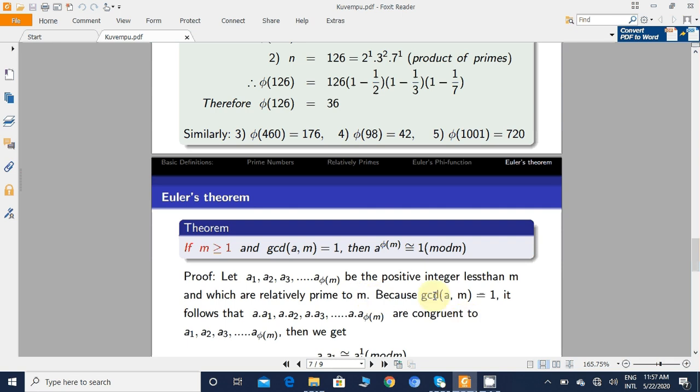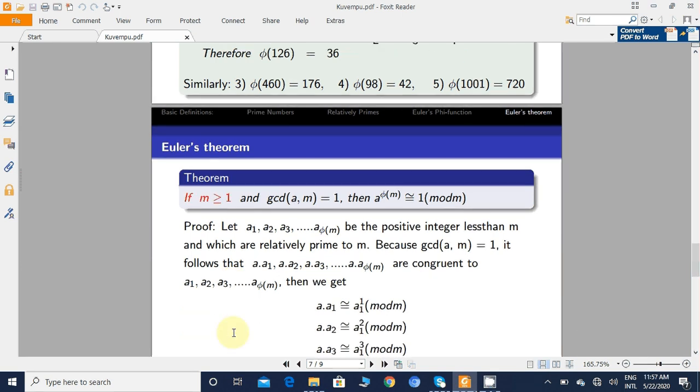Because GCD of a comma m is equal to 1, it follows that a into a1, a into a2, a into a3, etc., a into a of φ of m are congruent to a1, a2, a3, etc., a of φ of m.